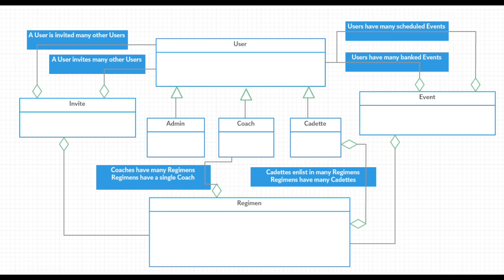Up in the top right, you'll see users have many banked events. This is referring to those banked events, and when you drag them out of your banked events, they become scheduled events, and those are the events that appear on your calendar.